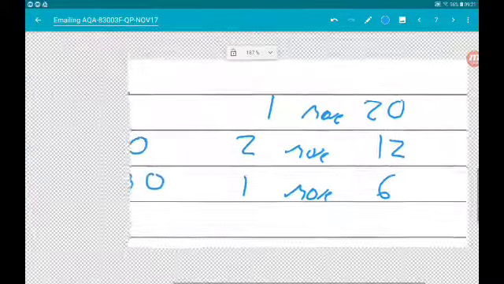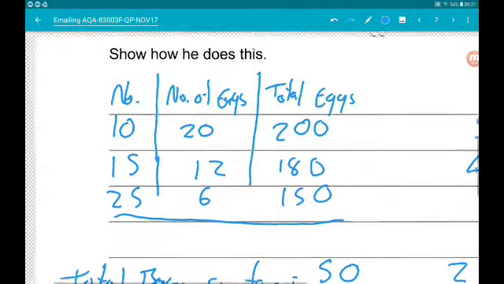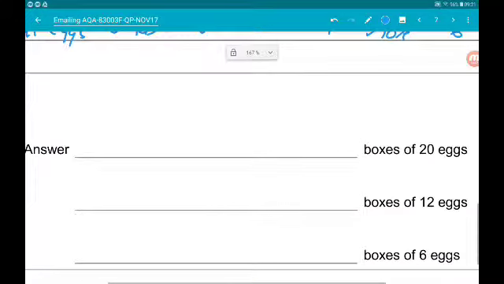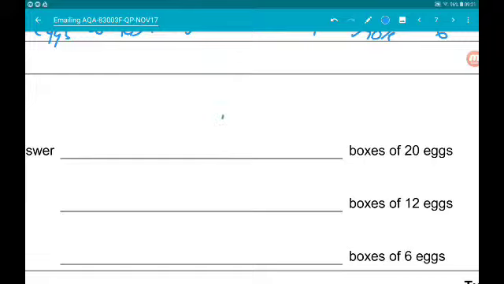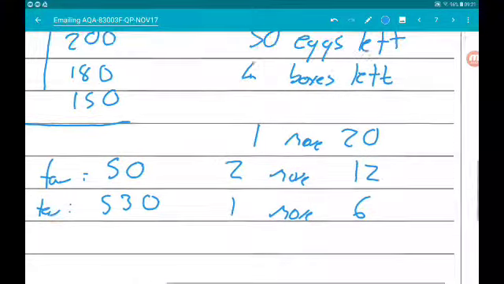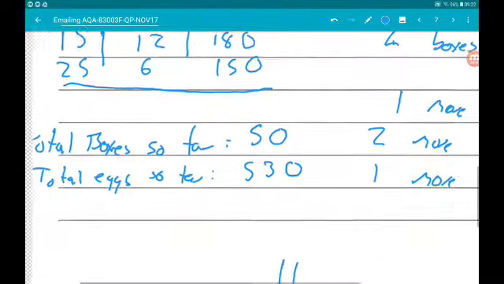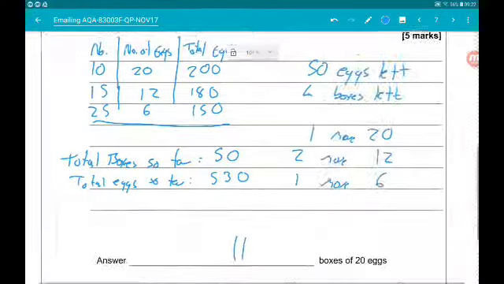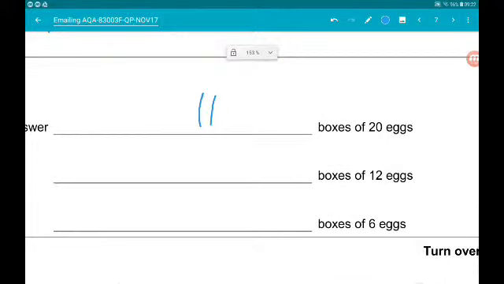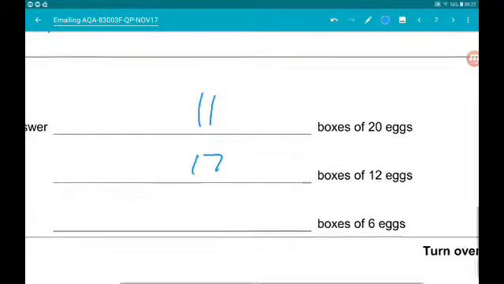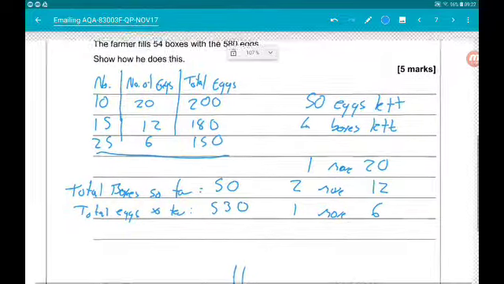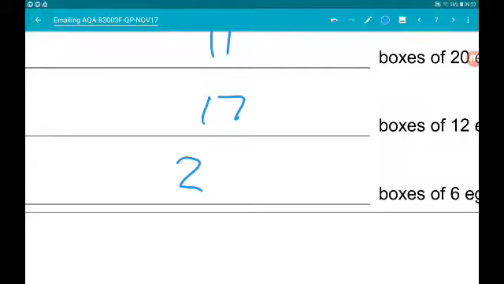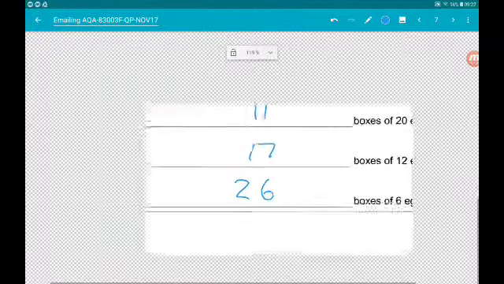So altogether he's done this with 11 boxes of 20, and then 17 boxes of 12, and then 26 boxes of 6. Cool.